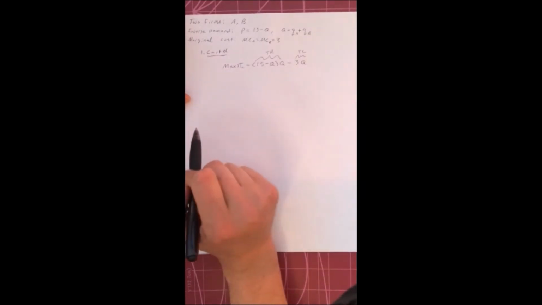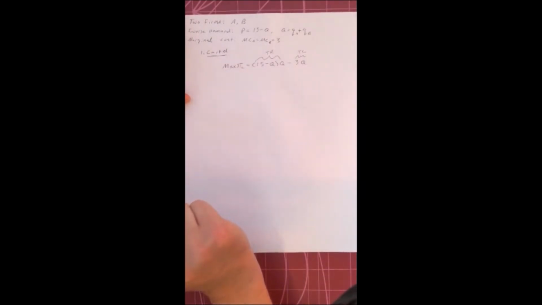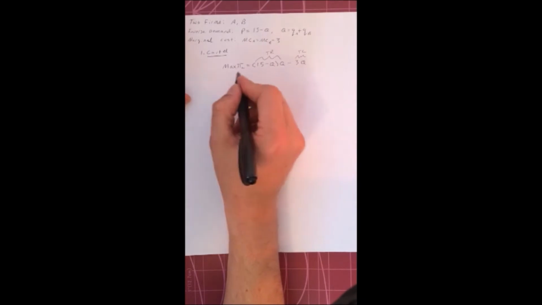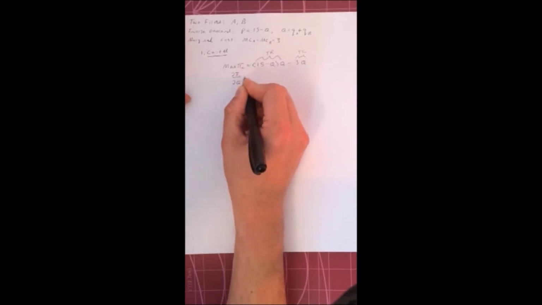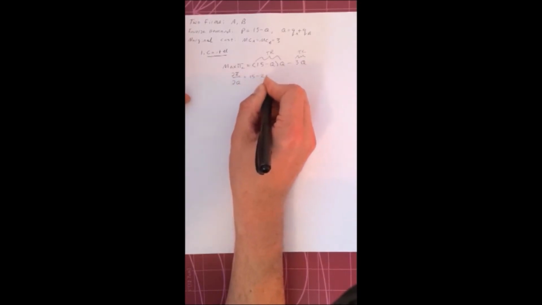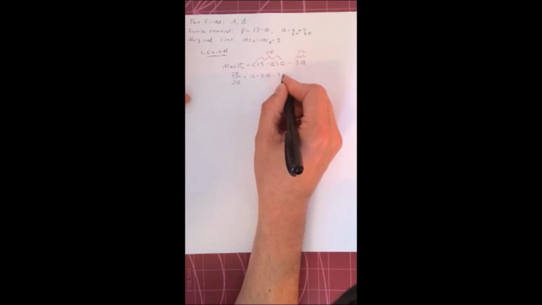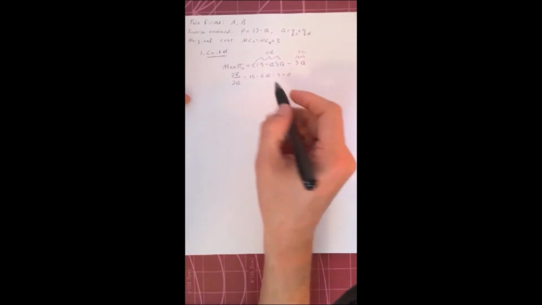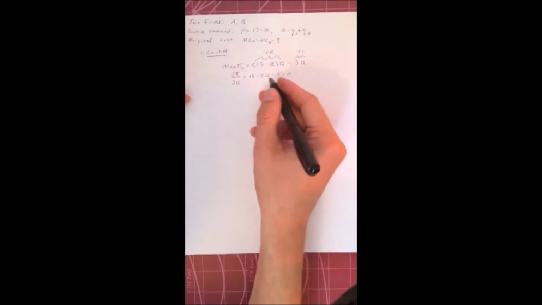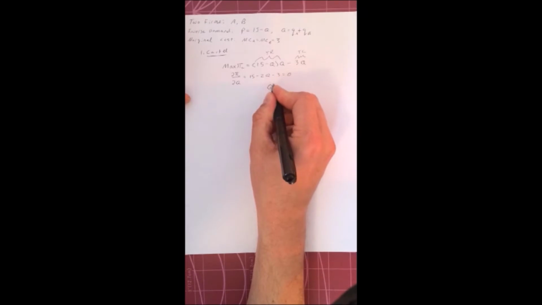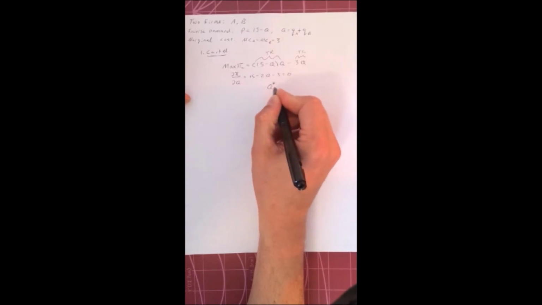How are we going to do that? Well, let's take the partial derivative with respect to Q and set that equal to 0. If you take this equation here and solve for Q, you're going to get Q equals 6. So the equilibrium market output is going to be 6.